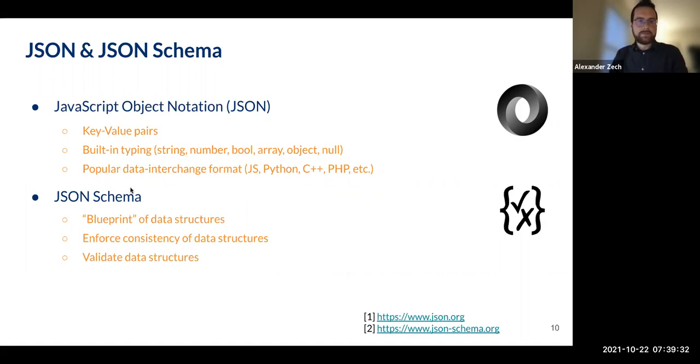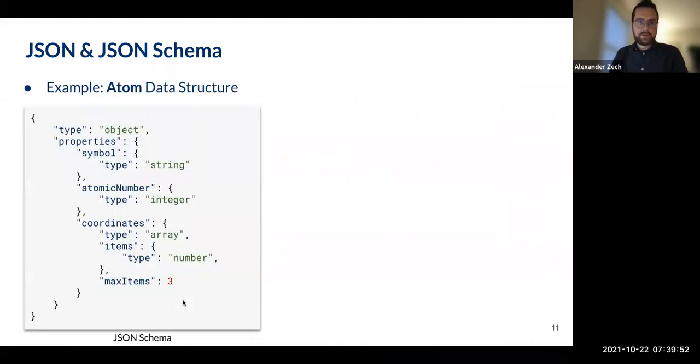And we should also mention the JSON schema, which you can think of as a blueprint of data structures. So this is how we describe our data. And this can be used in order to enforce consistency of the data structures in the database, and also to validate our data structures. So best to show this with an example. Let's assume I would like to create a data structure for an atom.